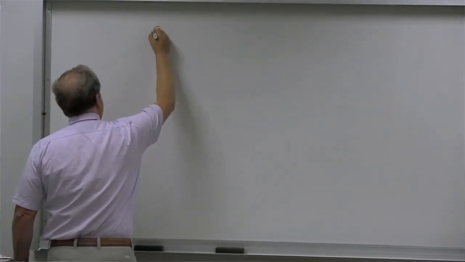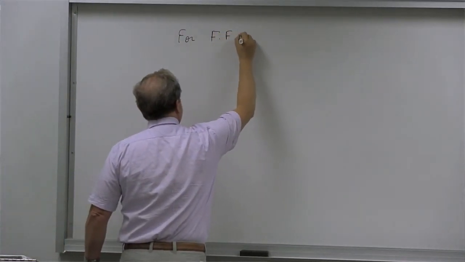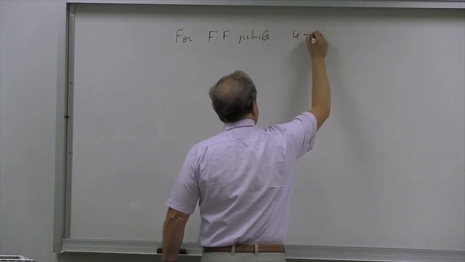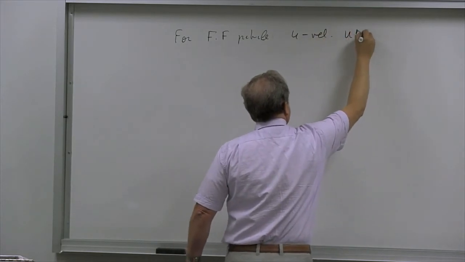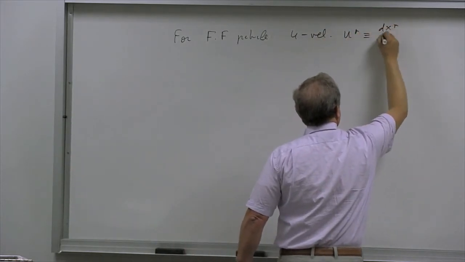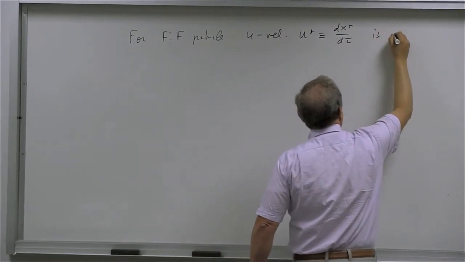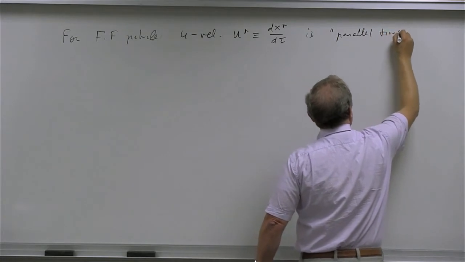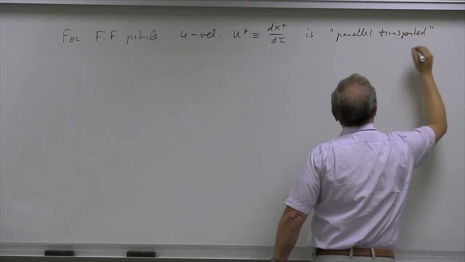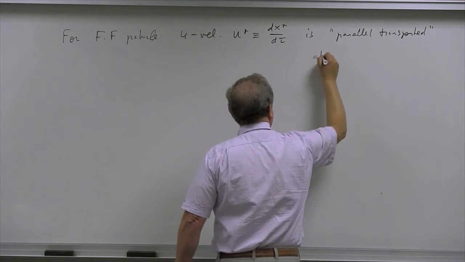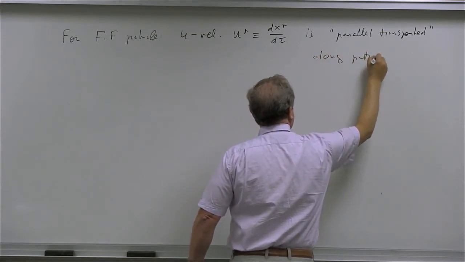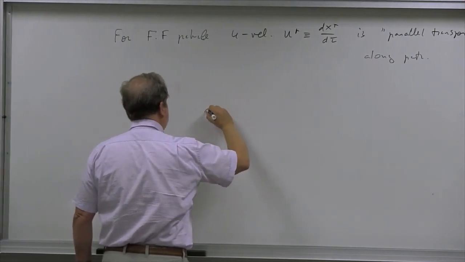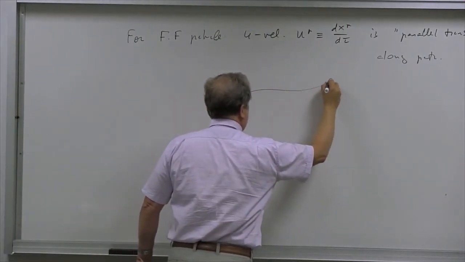So for a freely falling particle, the 4 velocity, u mu, which is defined as dx mu by d tau, is parallel transported along the path. So that means that the 4 velocity is always tangential to the particle's trajectory.